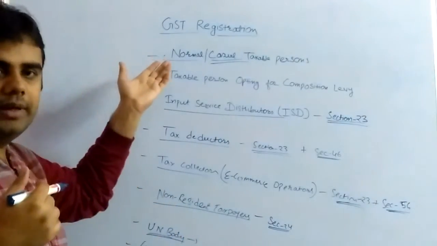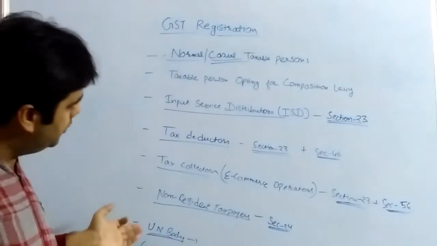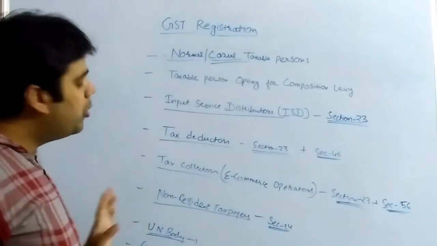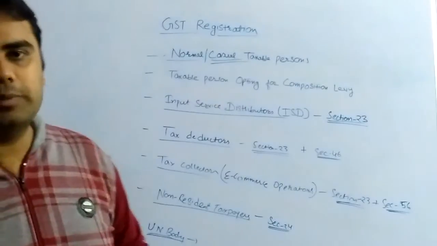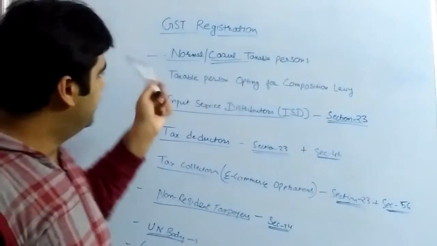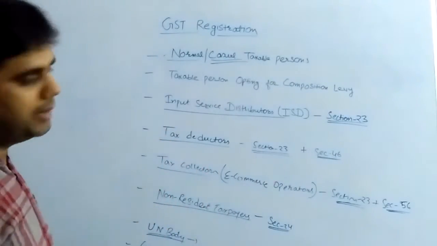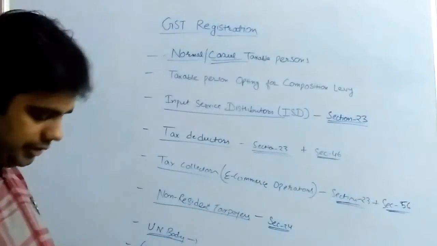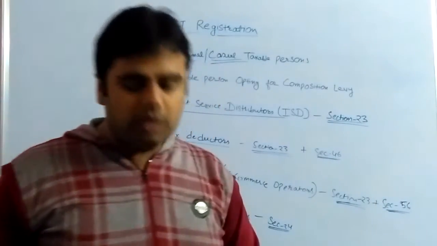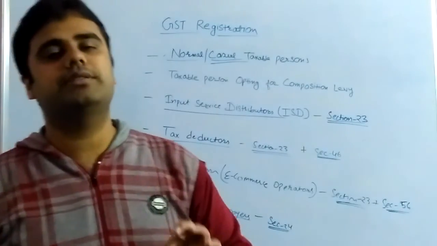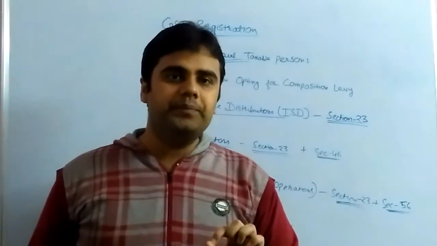Based on their reporting, it will flow to the returns of the UN body and the government entity, and the UN body will be able to take a refund as per the details filed by the taxpayer who is supplying to the UN bodies. So this is all about the different types of registrations that are required under GST.